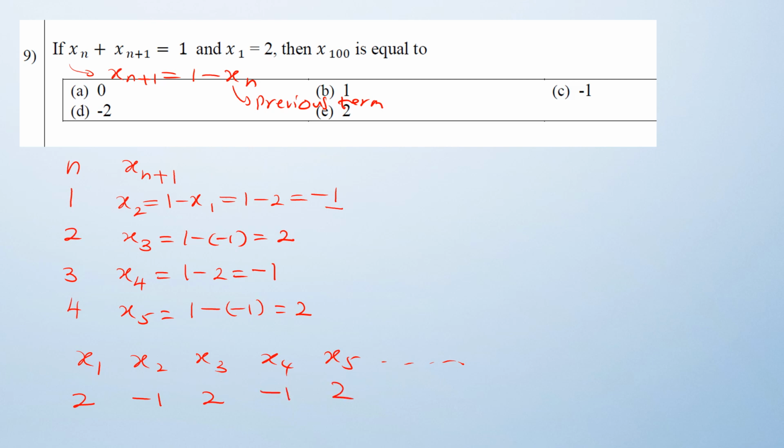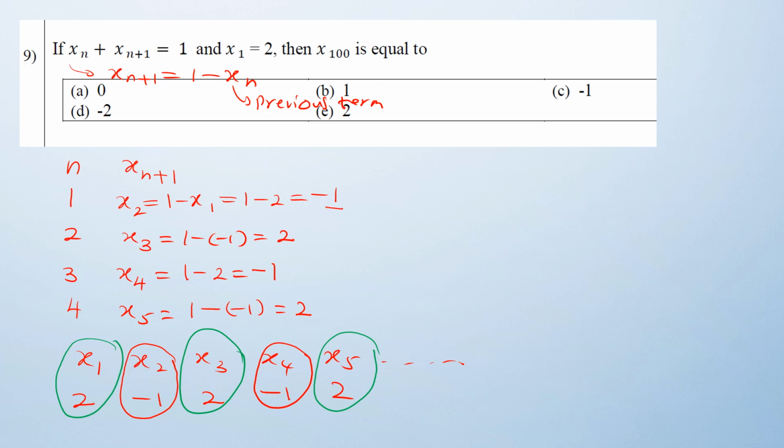So see here, when n is even, we have minus 1. When n is odd, we have plus 2 always. So xn, when n is even, we have minus 1.